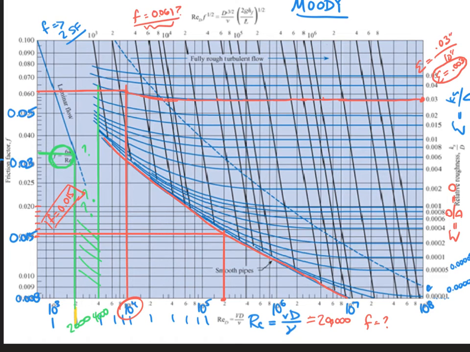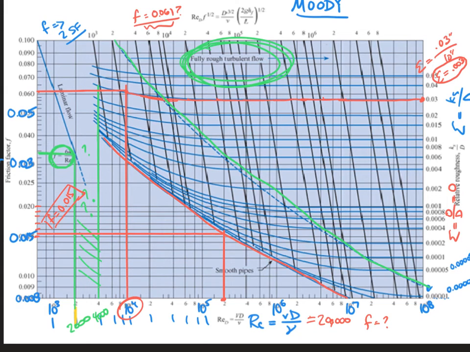Now, what I want to note before I leave this, and I'm going to talk about this next class, is this dotted line right here. Everything to the right of that, they're calling fully rough turbulent flow.